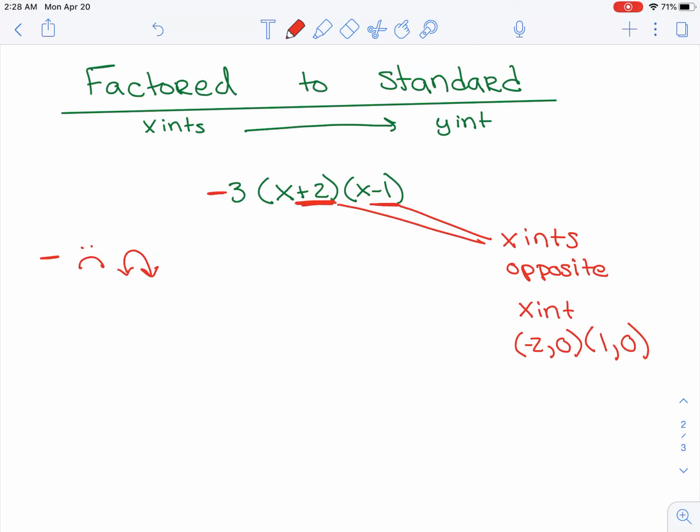Notice how I take the opposite of the positive 2 to get the negative 2. Notice how I take the opposite of the negative 1 to get the 1. Then there's always a 0 for the y because it's an x-intercept.